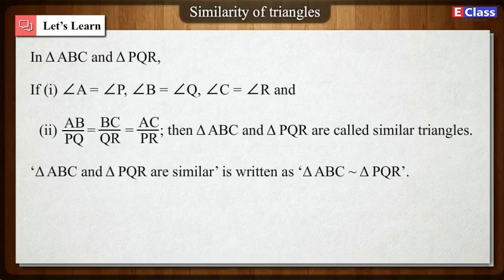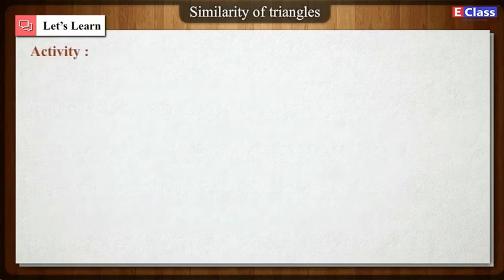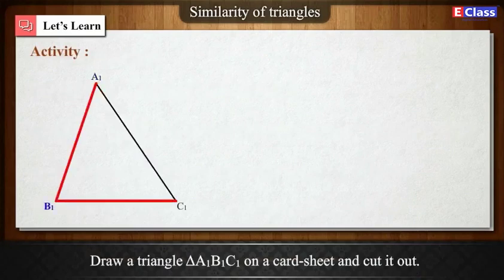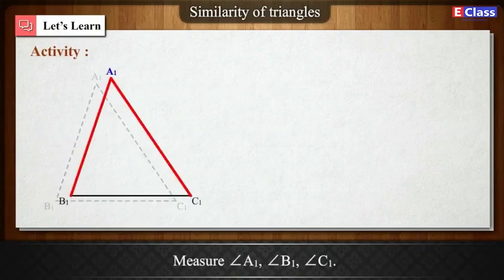Let us learn the relation between the corresponding angles and corresponding sides of similar triangles through an activity. Activity: draw a triangle A1 B1 C1 on a card sheet and cut it out. Measure angle A1, B1, C1.